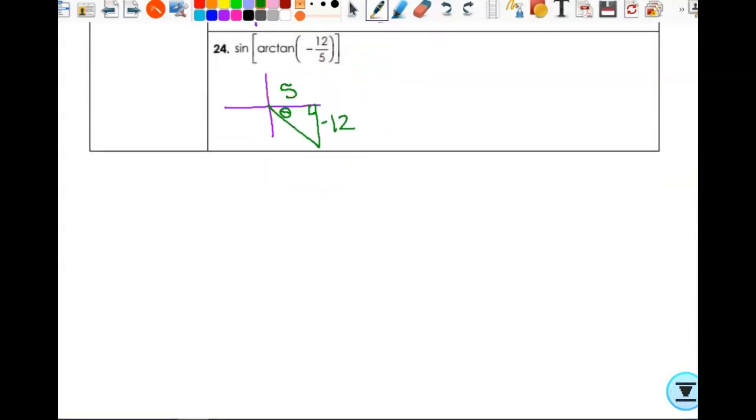Okay, so then I need to find r. I will do 5 squared plus negative 12 squared equals r squared. That's also a Pythagorean triple. r is 13. If you don't know your Pythagorean triples, that's fine. You just have to do the Pythagorean theorem, and it should be quick and easy, but I'm not going to take the time to do that. So this is 13.